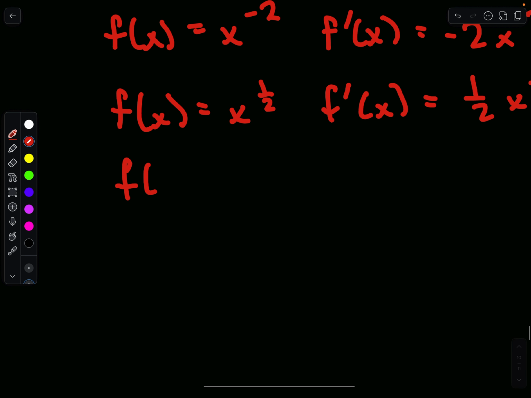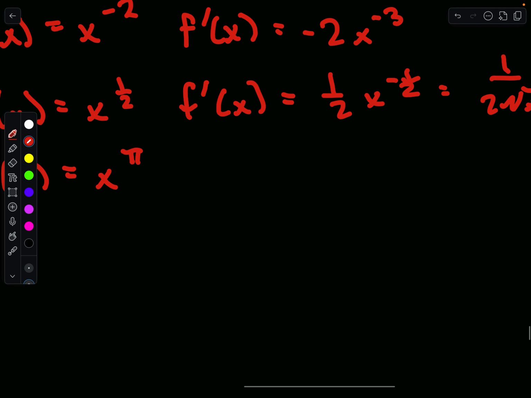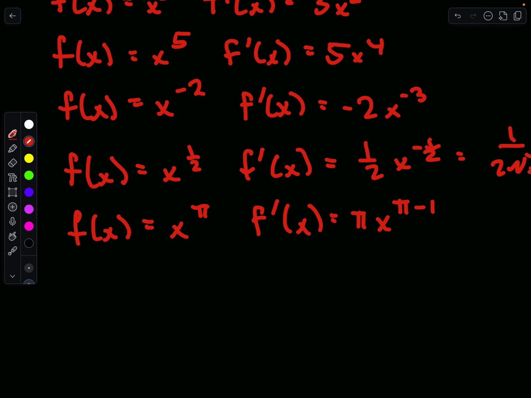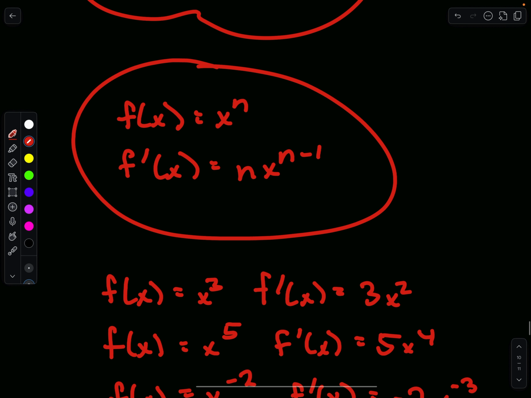If we have f of x equals x to the pi power, then f prime of x is just going to be pi x to the pi minus 1. So the point I'm trying to make here is that the derivative power rule works for any and all real powers, whether it be positive, negative, fractional, irrational, whatever it may be, the power rule works.